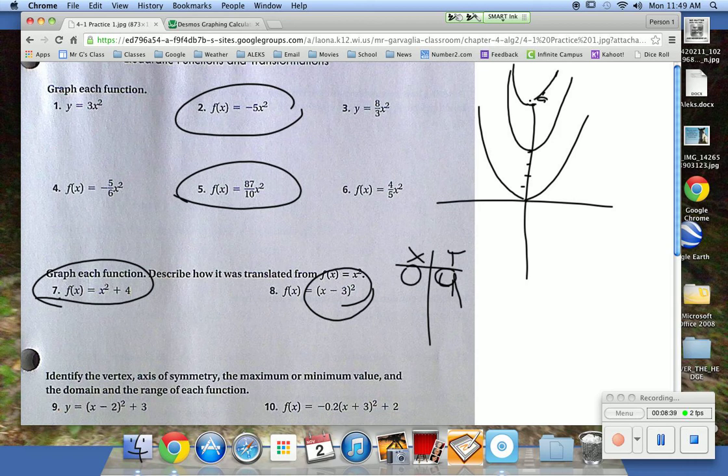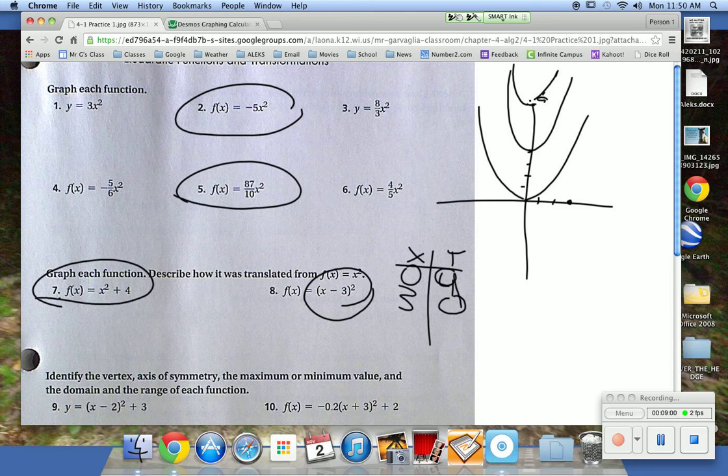What if we put 3 in for this? Then it would be 0. Where does our parabola go?